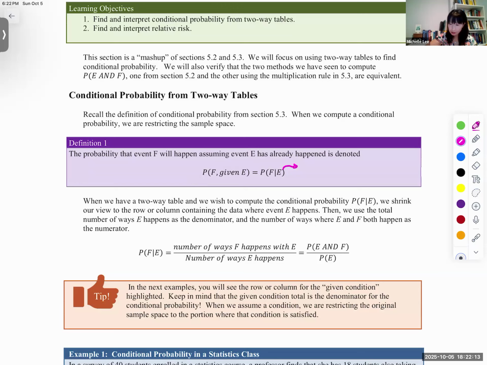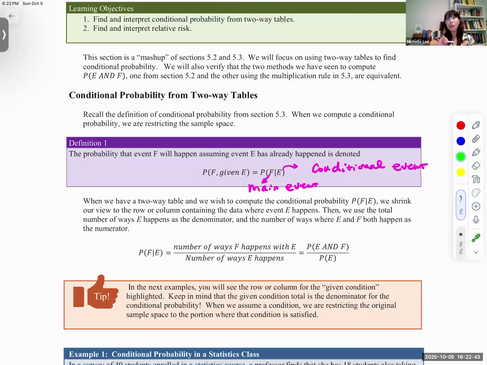This is the conditional event, and this is the main event. This book indicates that very nicely: the number of ways F happens with E, so E already happened.